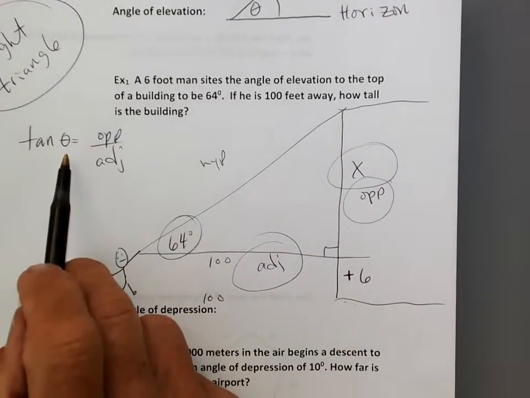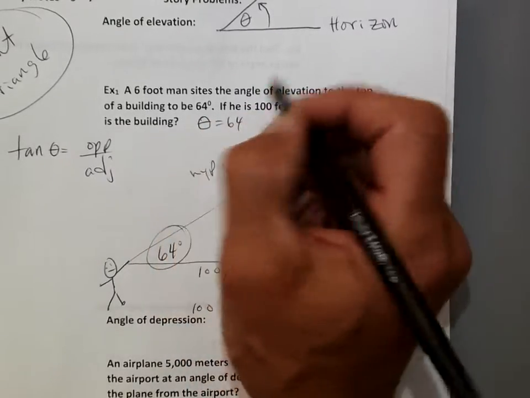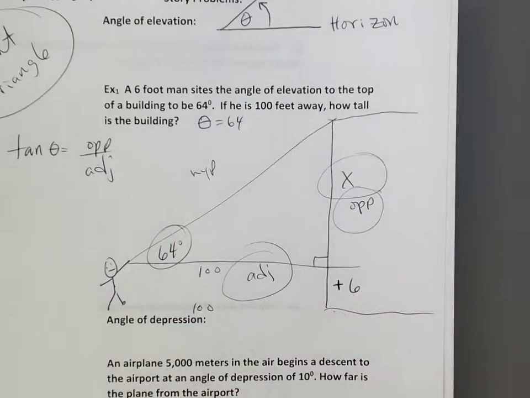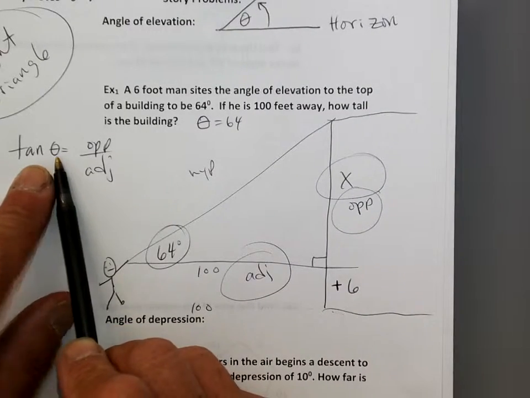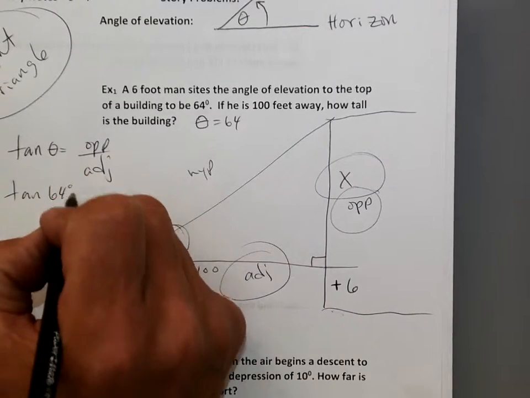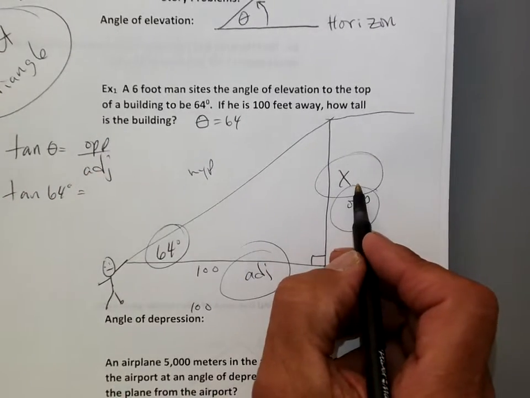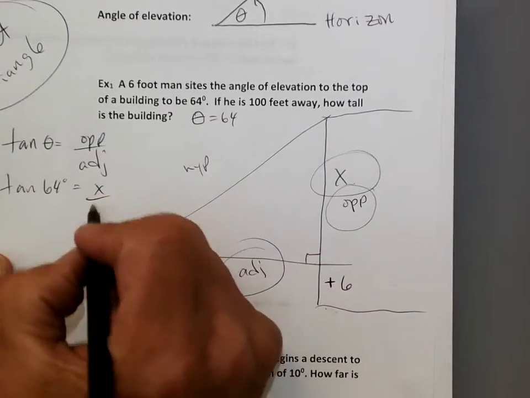But this little symbol theta is my angle. So theta is my 64, okay? So instead of writing theta, I'm going to write 64. So I'm going to go tangent of 64 degrees equals my opposite, which is what I want to find, so just call that x, over my adjacent, which is 100, okay?